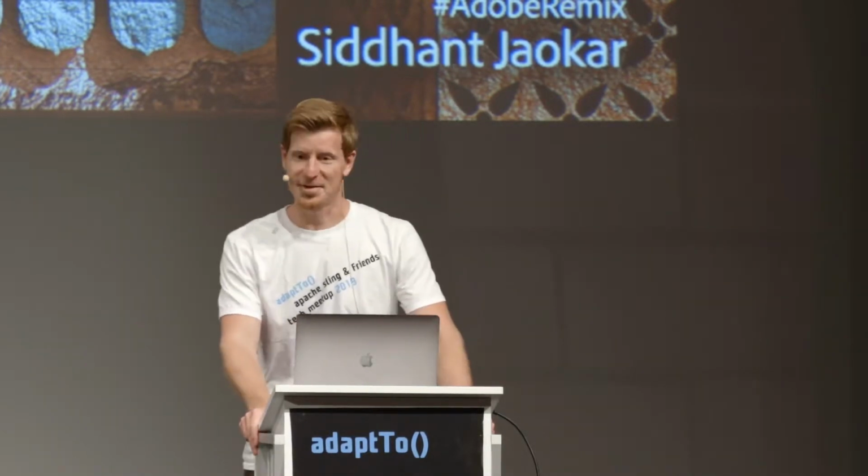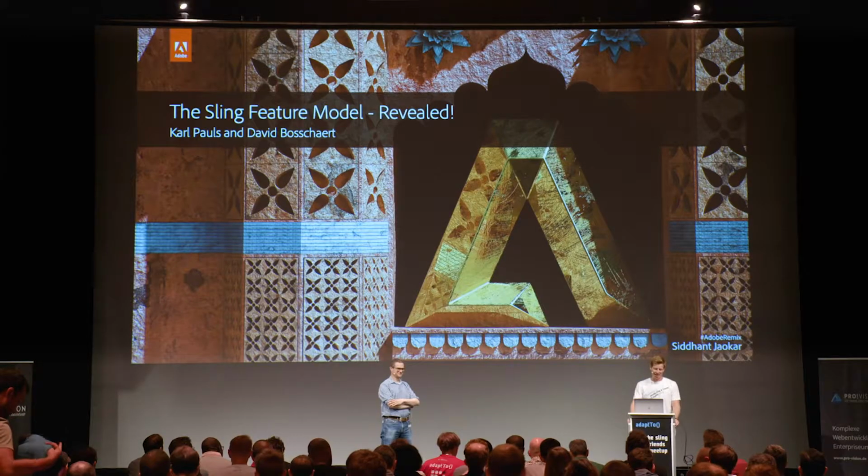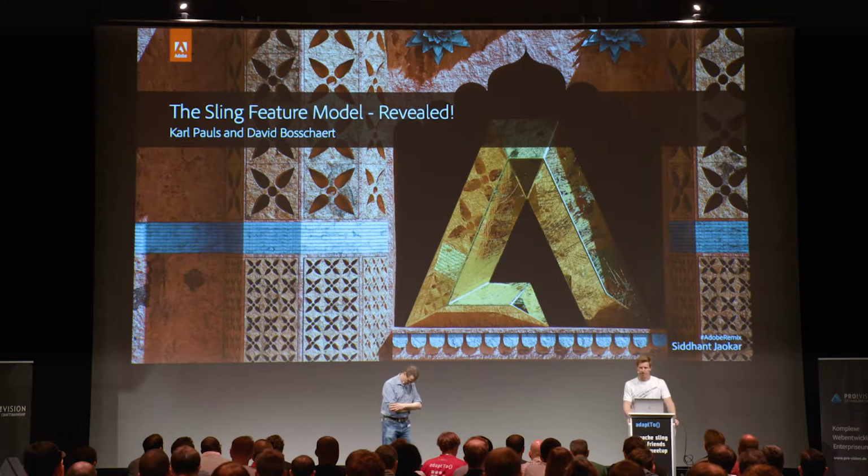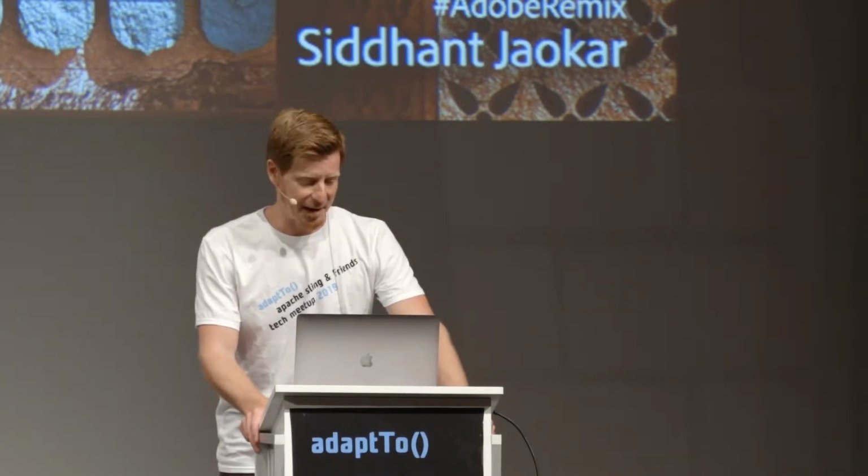For those that remember, and for those that don't, I can summarize it again. Two years ago at adaptTo, Dominic Süß and I started talking about the feature model prototype that Carsten started working on. He's the mastermind behind all of this, even though he never talks about it.